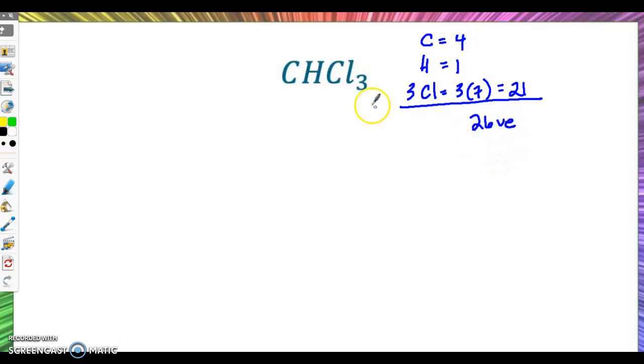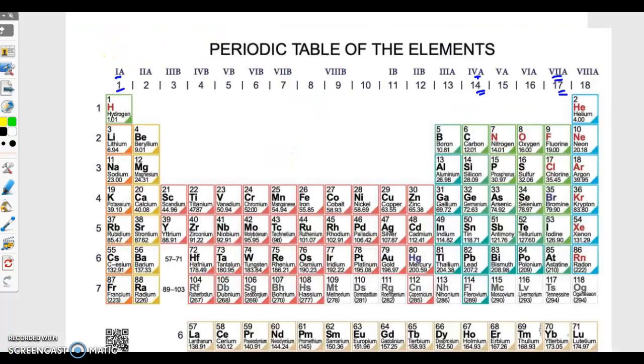Okay. Now, I've got to decide which is going to be the central atom. Remember what I said on the last video. Right now I'm working with hydrogen, carbon, and chlorine, and whichever element is closer to the center of the periodic table will be the central atom.